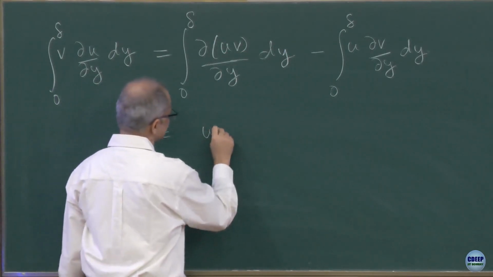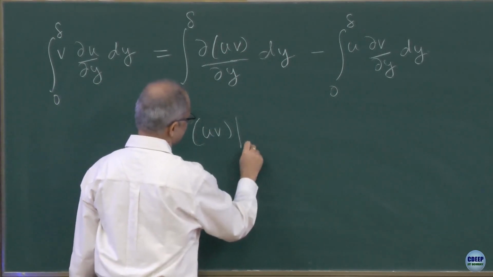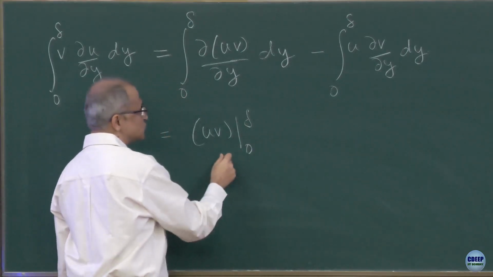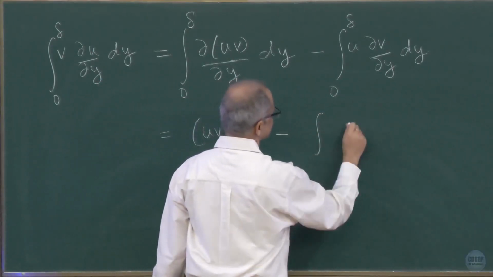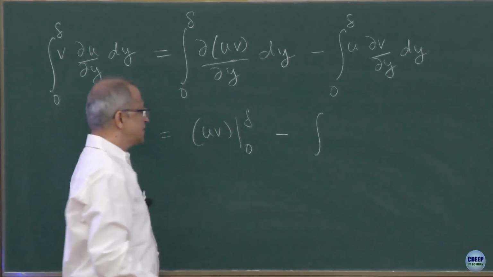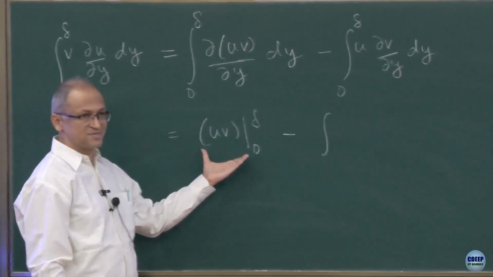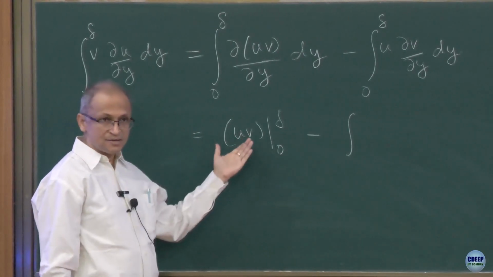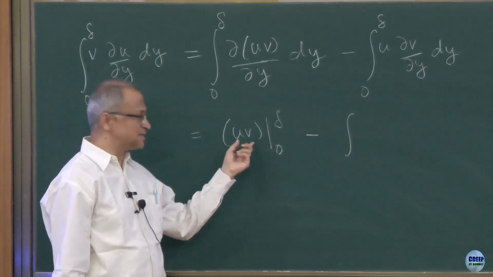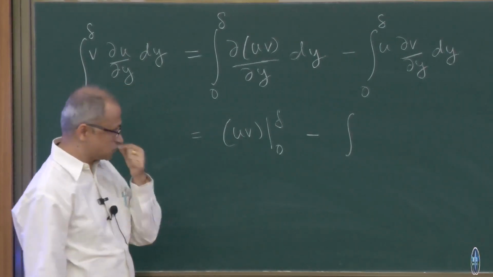And then we say that this term is going to be easy to evaluate. We get it as uv evaluated at 0 and delta. At 0, both u and v are 0, so this will go to 0. At delta, u and v are not 0, so v has to be evaluated at delta, which is what we did.